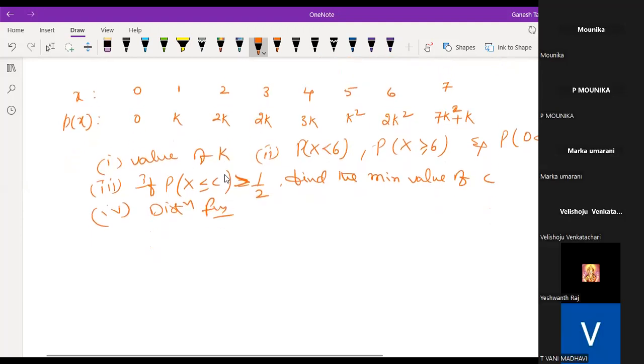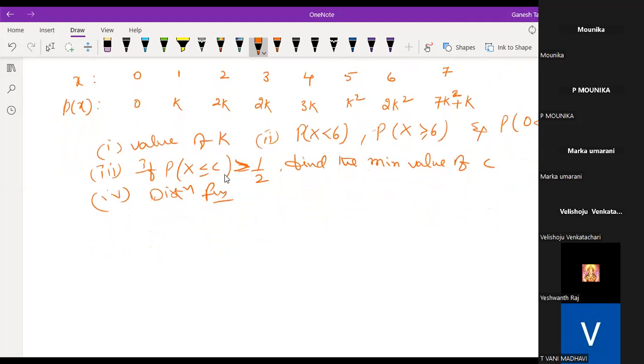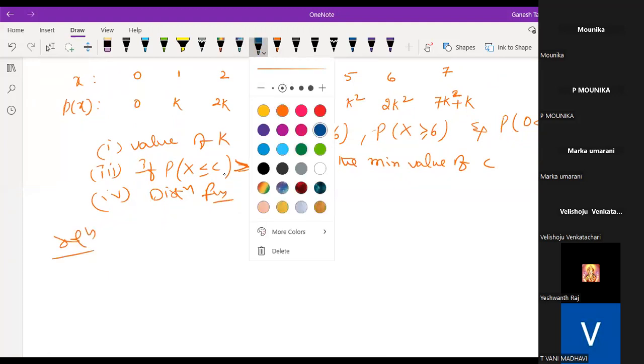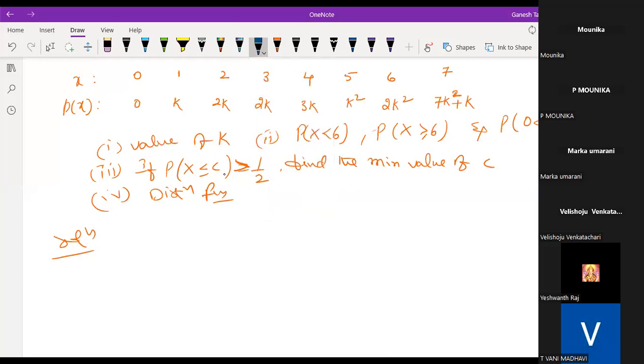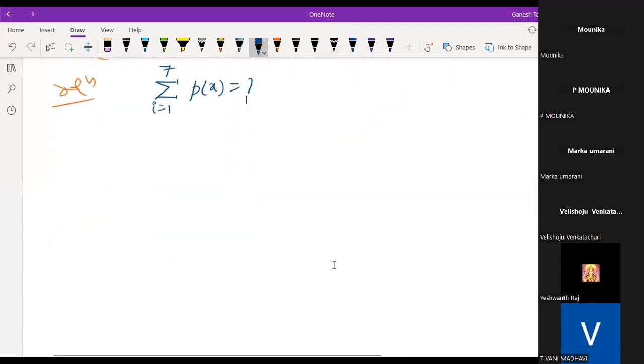So the first question. We know that the total probability, the summation with i ranging from 1 to 7, because there are 7 numbers, of p of x must be equal to 1.